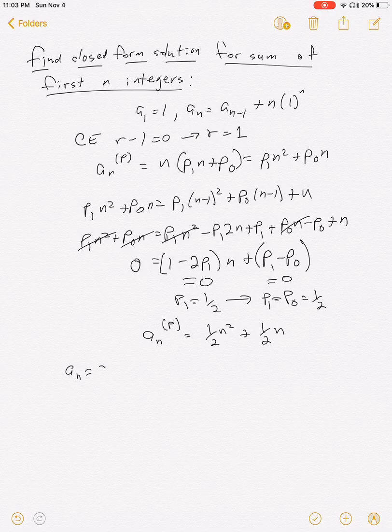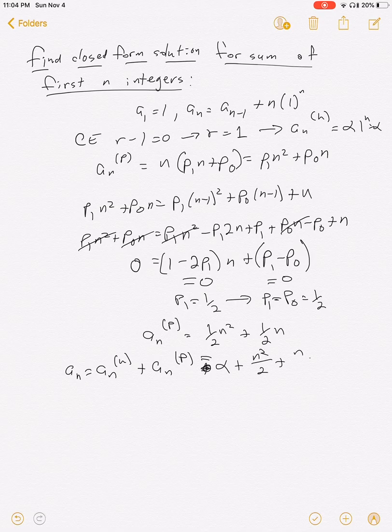I get a sub n equals a sub n h plus a sub n p, and I never wrote down what a sub n h was, but this a sub n h is going to be alpha times 1 to the n, which is just alpha. So plus alpha. All right, and then equals alpha plus n squared over 2 plus n over 2.